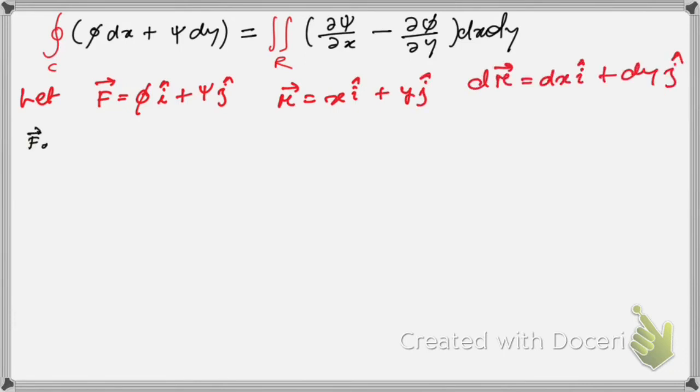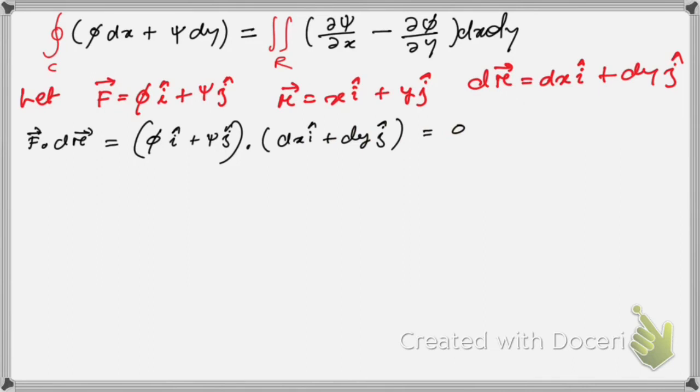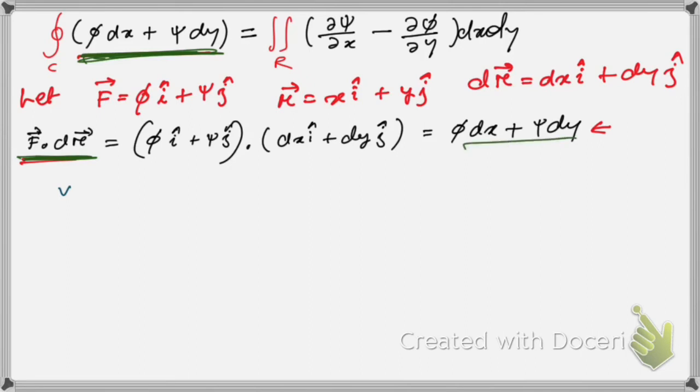Now you see, this vector F dot dr, the dot product, will be given by phi i cap plus psi j cap dot dx i cap plus dy j cap, and that is nothing but phi dx plus psi dy. So this part can be replaced by F dot dr, right? You can see this result.